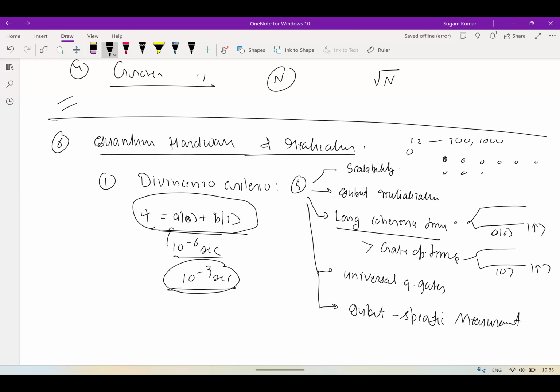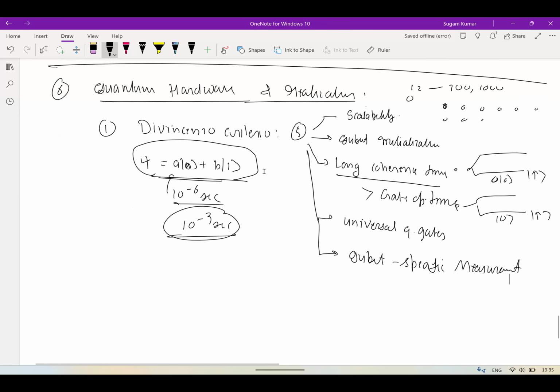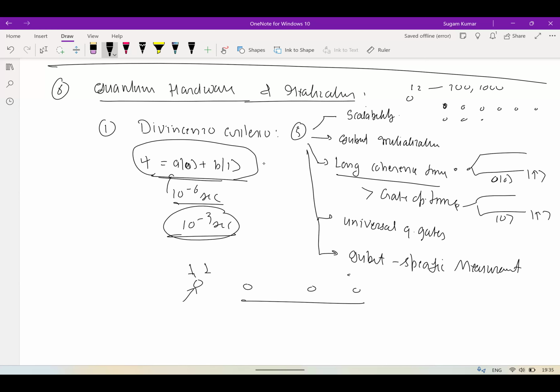When I say qubit specific measurements, it simply means that you have a large number of qubits, and if I want to measure the state of this one, then I should be able to measure it without disturbing the other qubits. Or maybe I want to measure 1 and 4, then I should have the capability to measure 1 and 4 without disturbing 2 and 3. That is called qubit specific measurement.